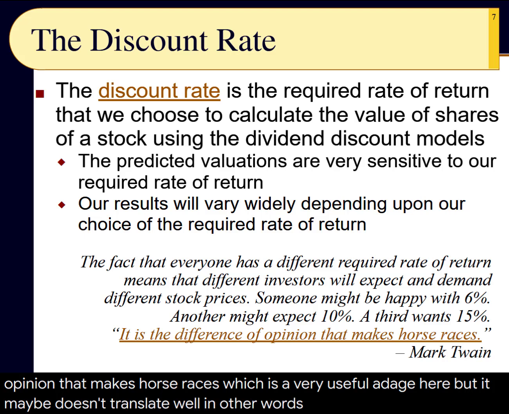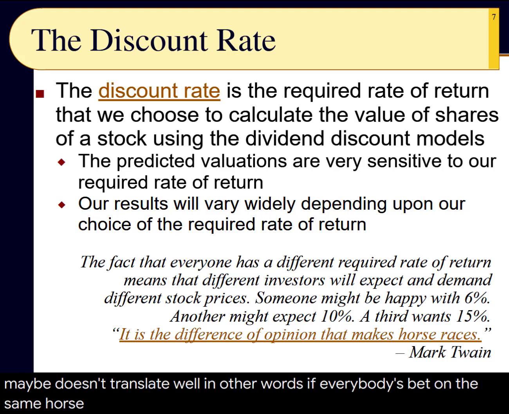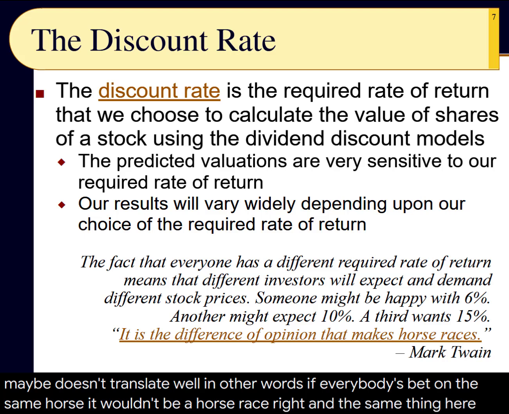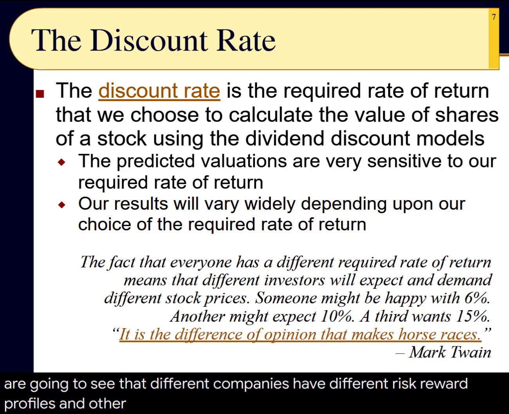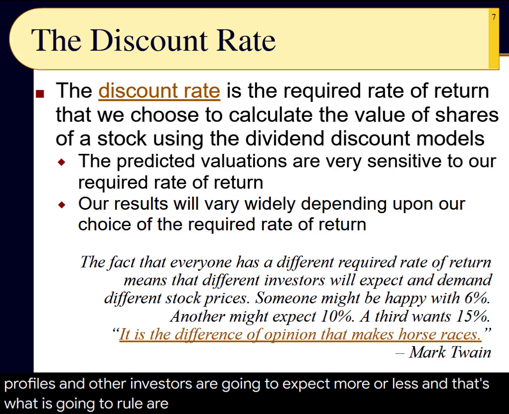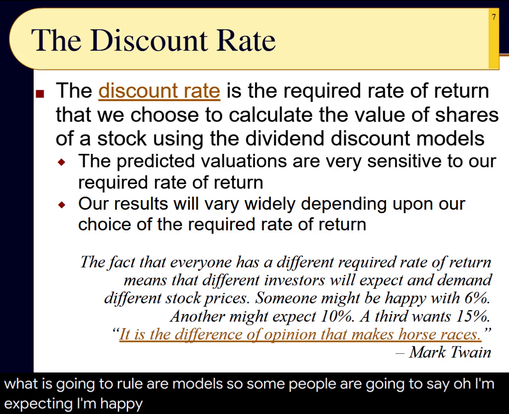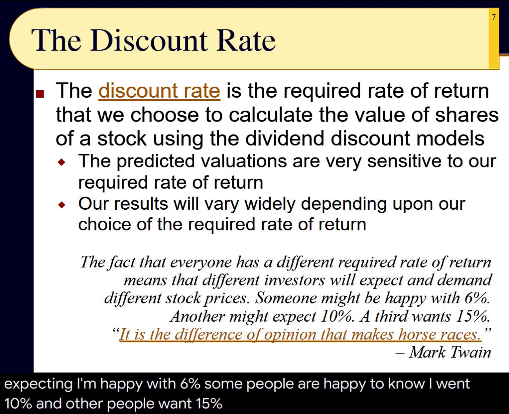In other words, if everybody's bet on the same horse, it wouldn't be a horse race, right? And the same thing here. We are going to see that different companies have different risk reward profiles, and other investors are going to expect more or less, and that's what is going to rule our models. So some people are going to say, "Oh, I'm happy with 6%." Some people want 10%, and other people want 15%.